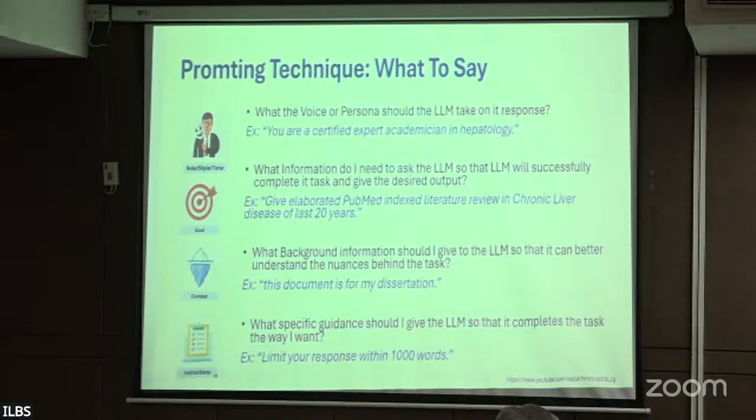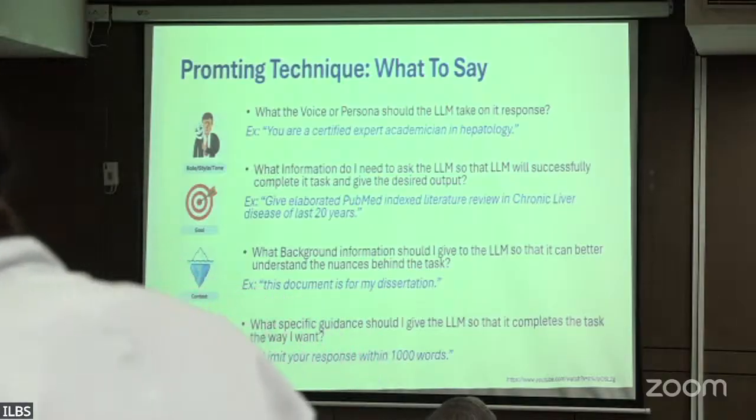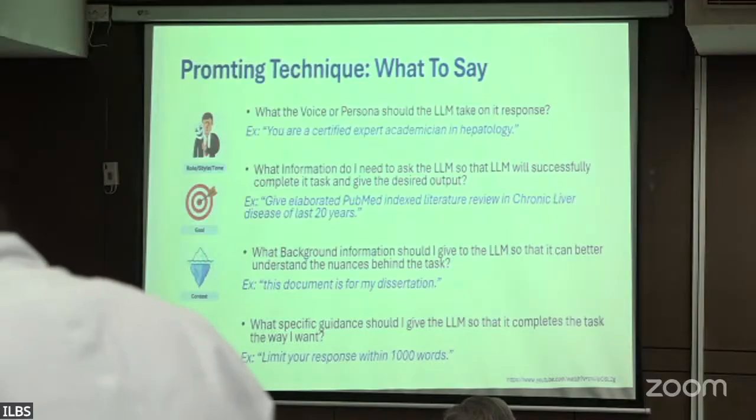See, it is very specific. What we type in a Google prompt, literature review in CLD, will give a lot of articles. It is not like that. You can be very specific. So last 20 years, PubMed indexed only, in chronic liver disease.